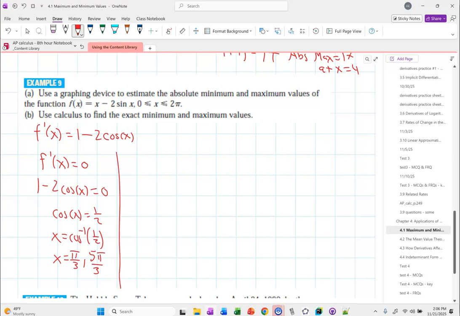What else do we have to check? Where does 1 minus 2 cosine x not exist? Cosine of 0 is 1.